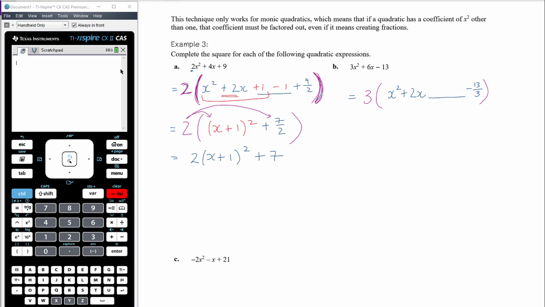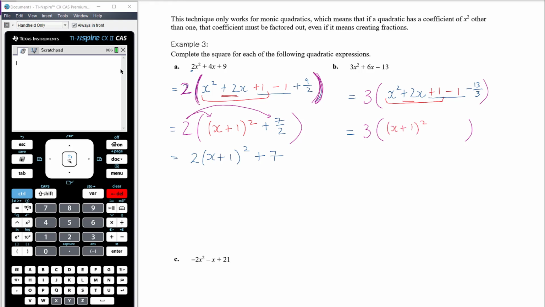Okay, halving and squaring 2 again. So half of 2 is 1, 1 squared is 1. And so there's our perfect square in those first 3 terms, but all of that is within our purple bracket with the 3. So x squared plus 2x plus 1 is a perfect square, it's x plus 1 all squared.